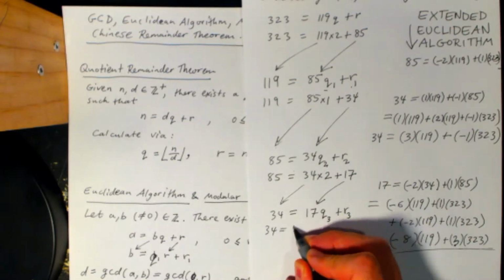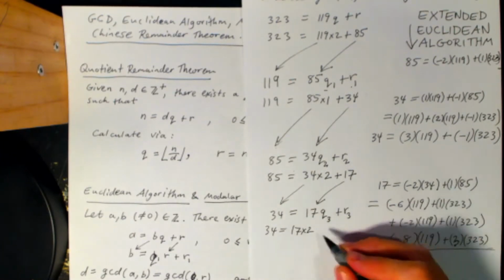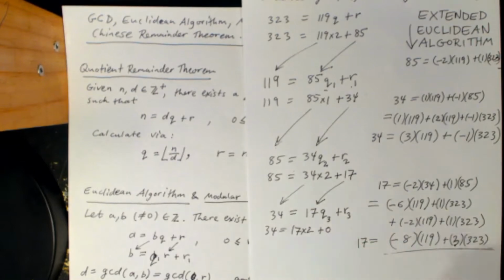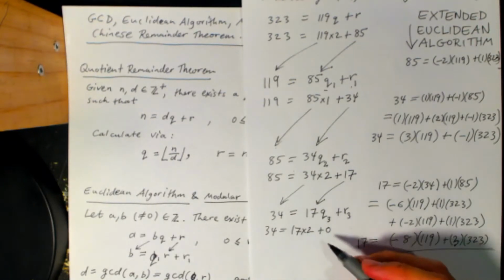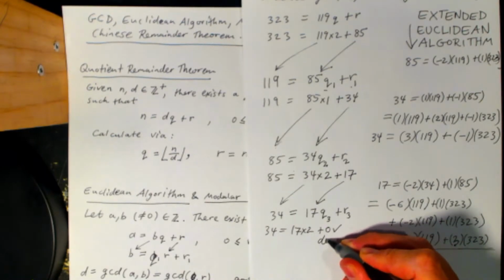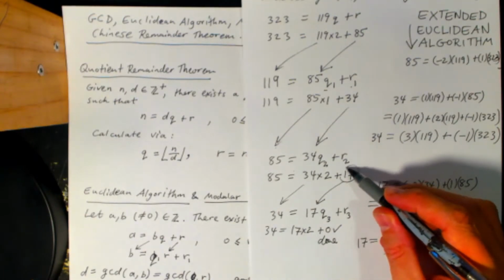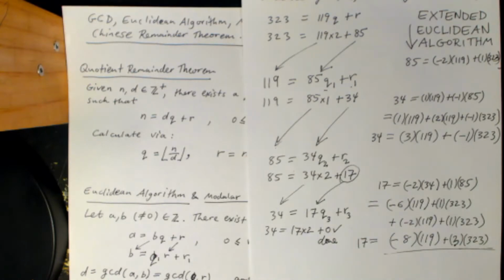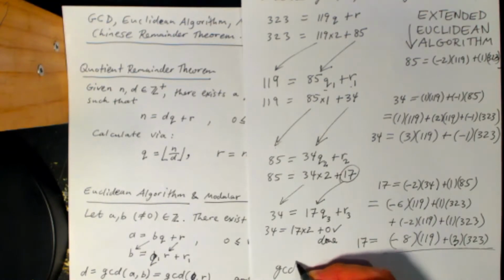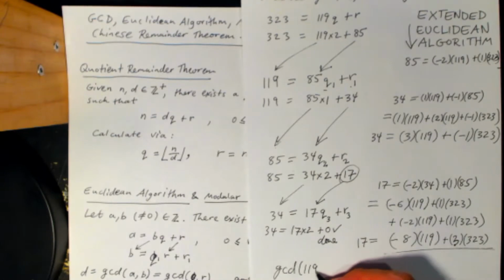So 34 is equal to 17 times 2, and then we have plus 0 as our remainder. So this tells us we're done because we got 0 there. The last remainder above it must be the GCD. So the GCD of 119 and 323 is equal to 17.